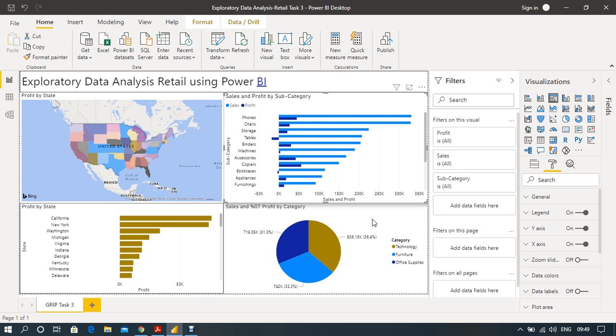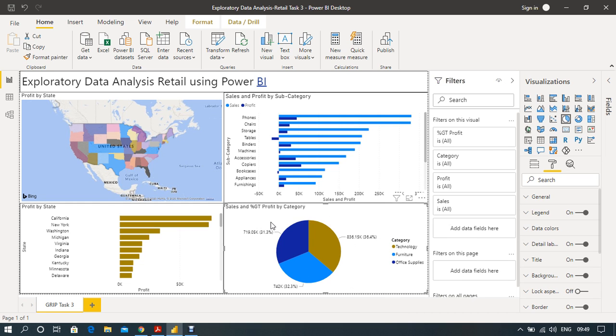And next I have created sales and profit by category. I used a pie chart for this analysis. So you can see that technology has 36.5% of total sales, profit is 50.79%, and office supplies have a 31.3% contribution, and profit is 42.7%.